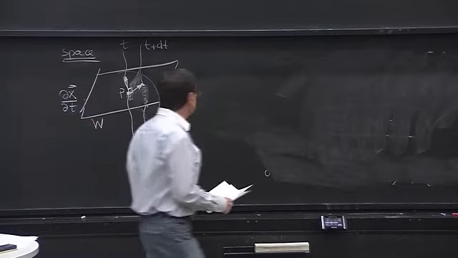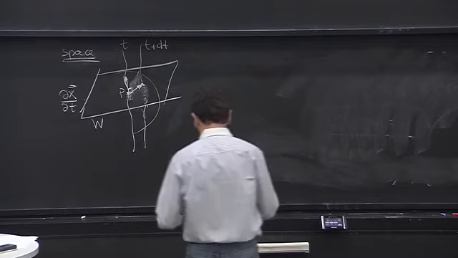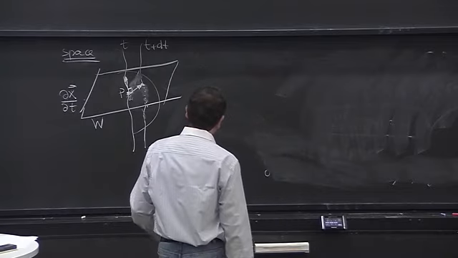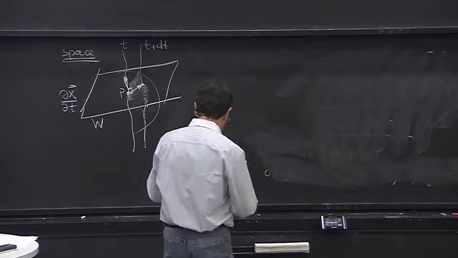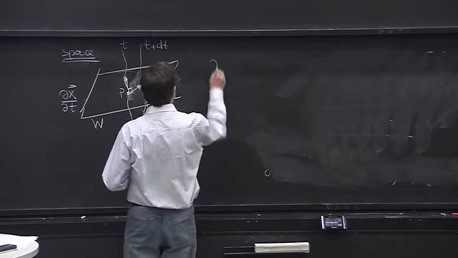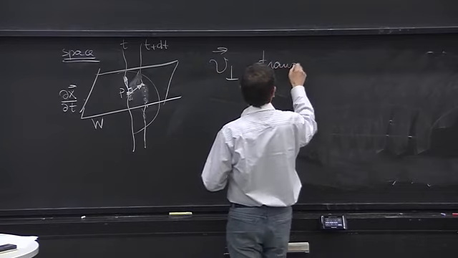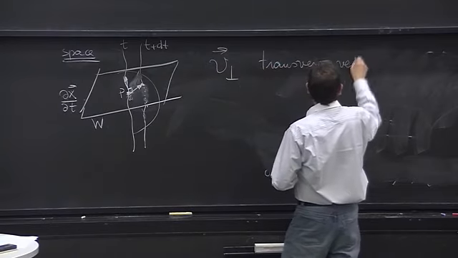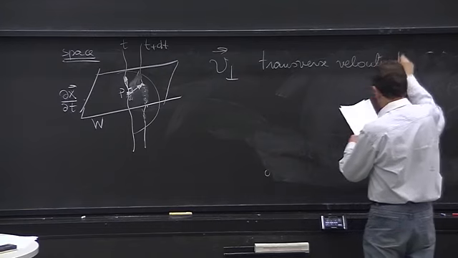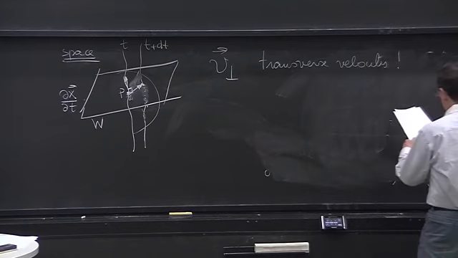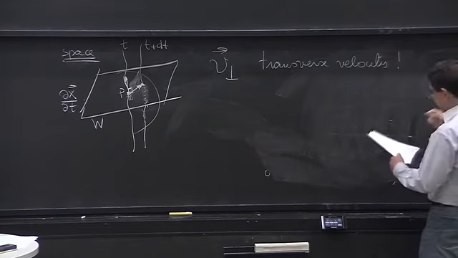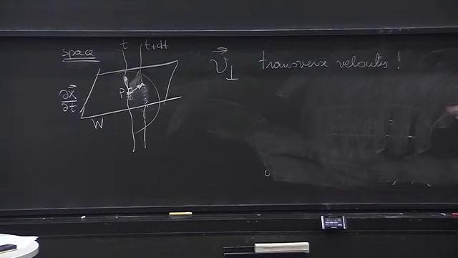So how do you calculate this? This is called V-perp, the transverse velocity. It's a very fundamental concept. It's this idea that you assume that the point moves perpendicular to the string at that point.